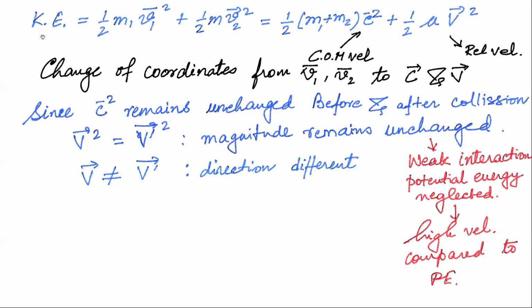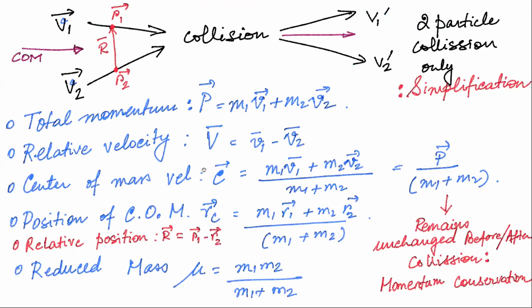The kinetic energy in general can be written as half m1 v1 squared plus half m2 v2 squared, and this in turn can be written as half (m1 plus m2) c squared, where c is the center of mass velocity, plus half mu V squared.